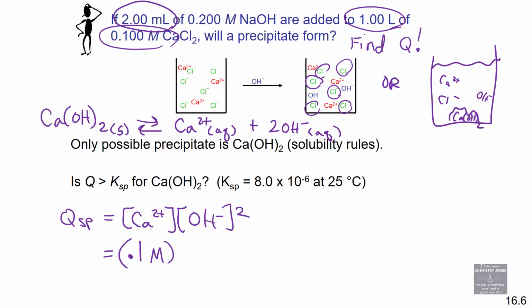If it's 2 milliliters of 0.2 molar sodium hydroxide, we have to do a little math with this one. That's because it's 2 milliliters being added into 1 liter. A dilution is happening between these 2 milliliters and 1 liter.